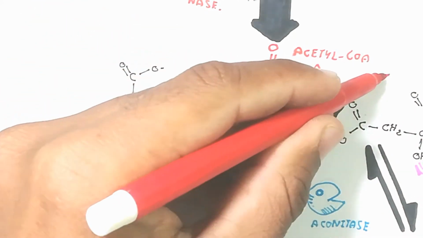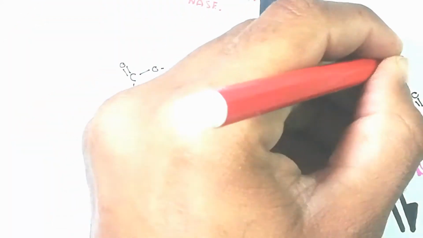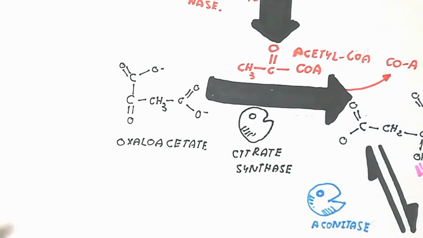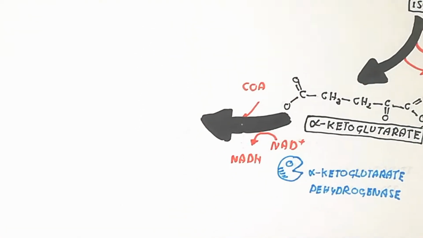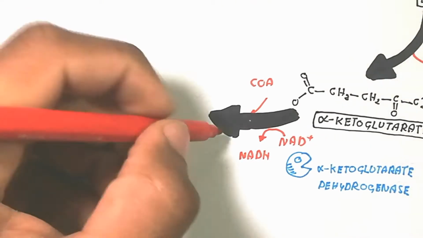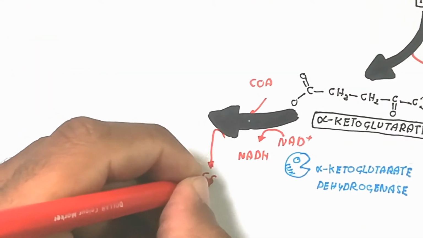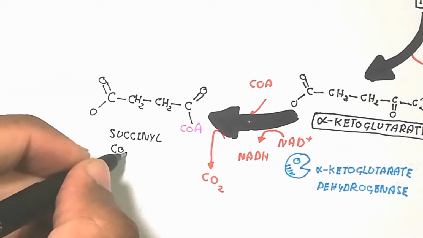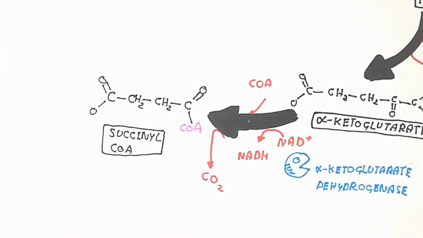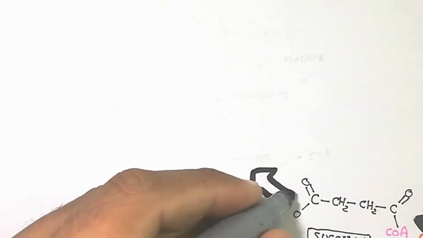CoA is also produced and released. After the release, it goes into the cycle to produce citrate, 6 carbon, and here is the 4 carbon alpha ketoglutarate, where NADH is again produced by dehydrogenase and carbon dioxide is released to produce a 4 carbon.